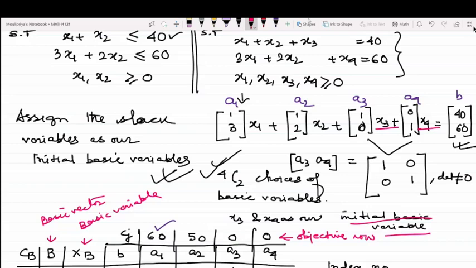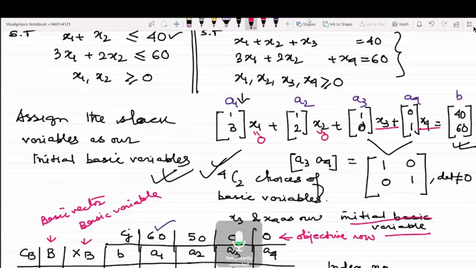Once I assume X3 and X4 to be the initial basic variables, which two are the non-basic variables? X1 and X2, and they are assigned the value 0.